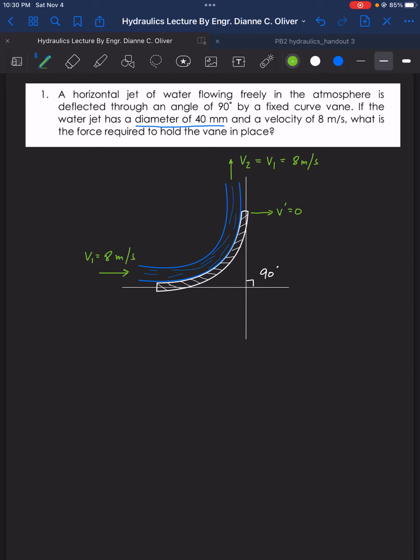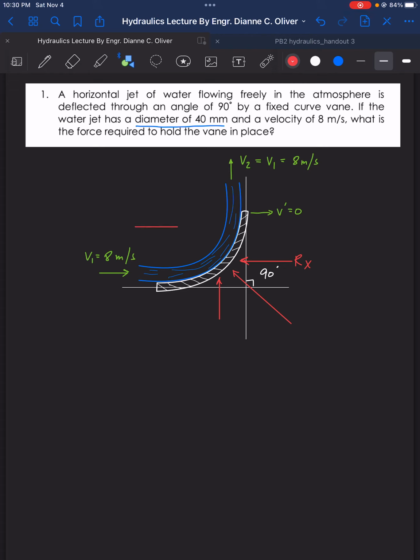So what is required here? Find the force required to hold the vane in place. That means we're looking for the resisting force R. So this is our resisting force R, and we have our X and Y components in order to get the value for R. So this is Rx, because the water is going in the direction to the left.